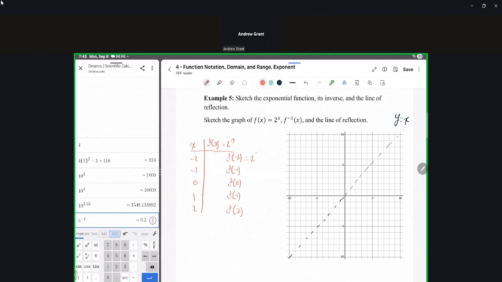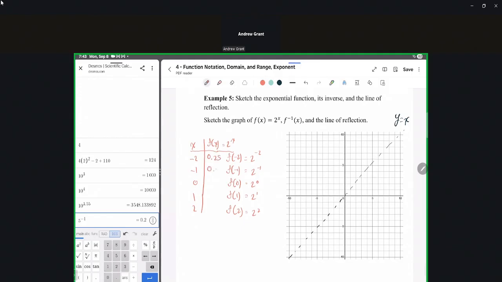So 2 to the power of negative 2, 2 to the power of negative 1, 2 to the power of 0, 2 to the power of 1, and 2 to the power of 2. Leaving this as a calculator exercise, because we'll just get decimals. 2 to the power of negative 2 is 0.25, sorry.